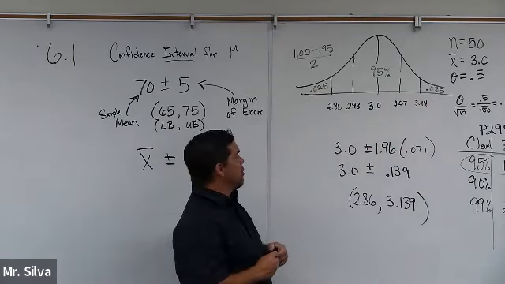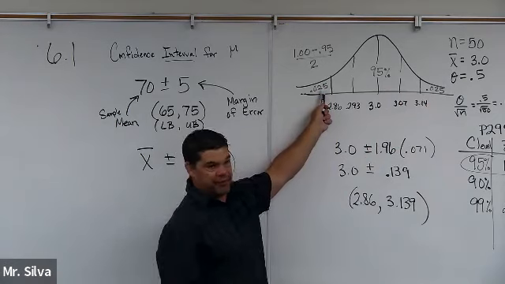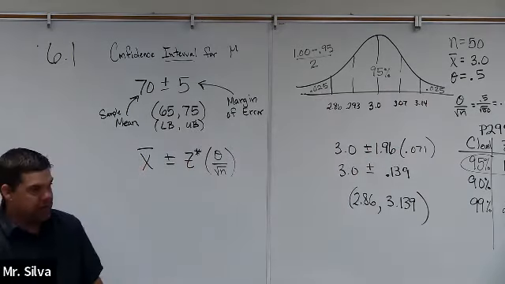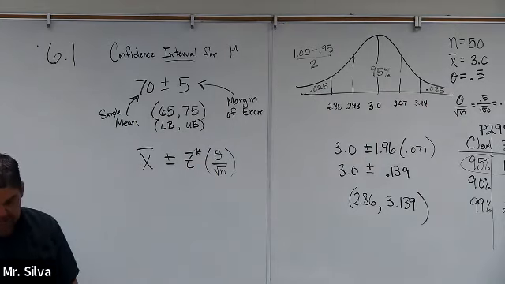So if I really want to know where this 1.96 comes from, I look up 0.025. It's in the standard normal table. So all these values that are in this table come from the standard normal table. So let's go back to A16. Look for 0.025.